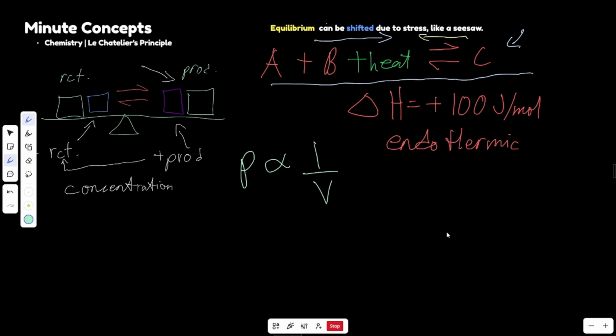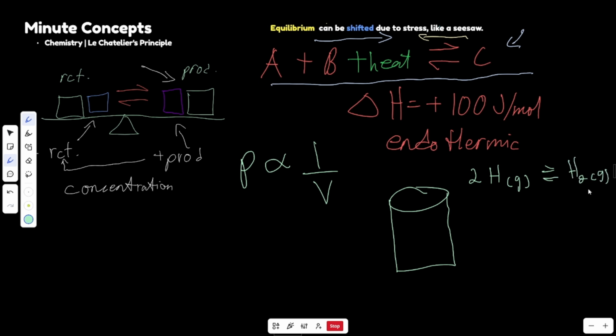Imagine if we have this jar filled with gaseous molecules. So what's a good example here? Let's say it's hydrogen gas. So it starts off as uniatomic hydrogen, and it's a reversible reaction between uniatomic hydrogen and diatomic hydrogen.